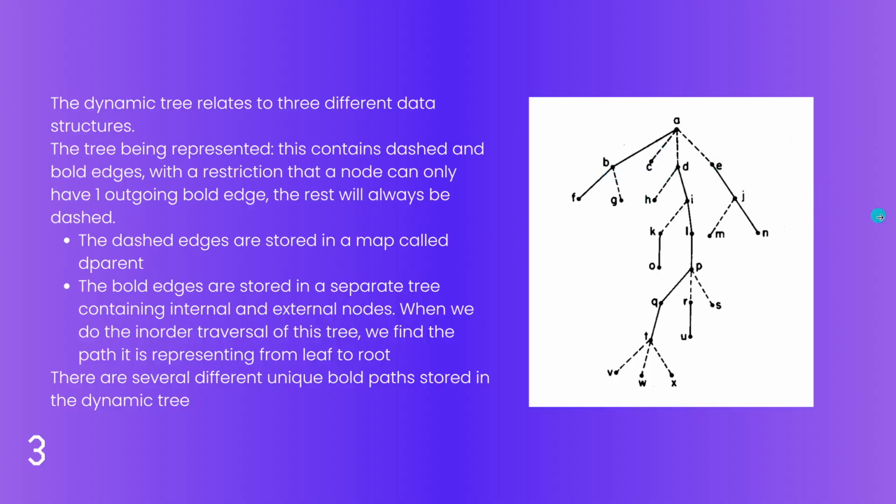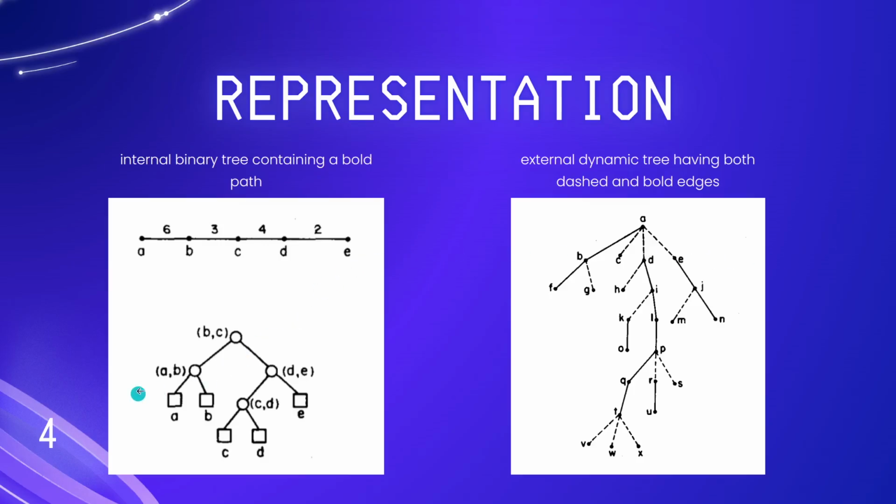Now the bold paths themselves are actually represented via binary trees. So if I had a bold path from nodes A, B, C, D, and E, where E would be higher up in the tree and A lower down, then the binary tree representation of this would be as shown, where each of the internal nodes is actually representing an edge in the tree, and the external nodes, the leaves, represent the actual nodes in the original tree.